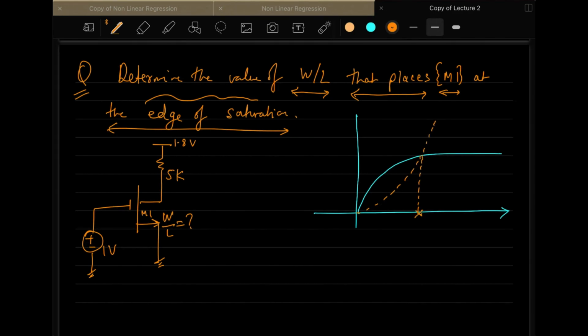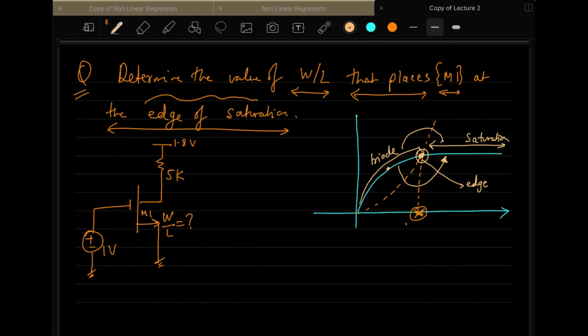It's called the edge of the saturation because you are moving from the triode area to the saturation area. This is the border. After that, triode becomes saturation. So it's a boundary line between triode and saturation.